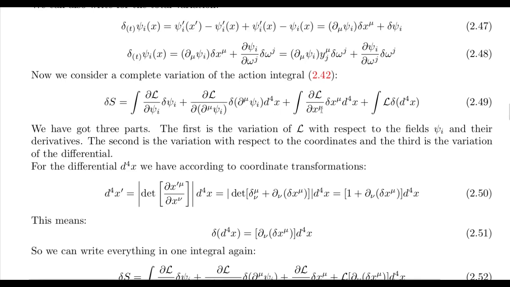But then we have a dependence on the coordinates. That means we differentiate with respect to the coordinates x, then delta x. And we also have the differential, and so we write here delta d4x for the variation of the differential d4x.